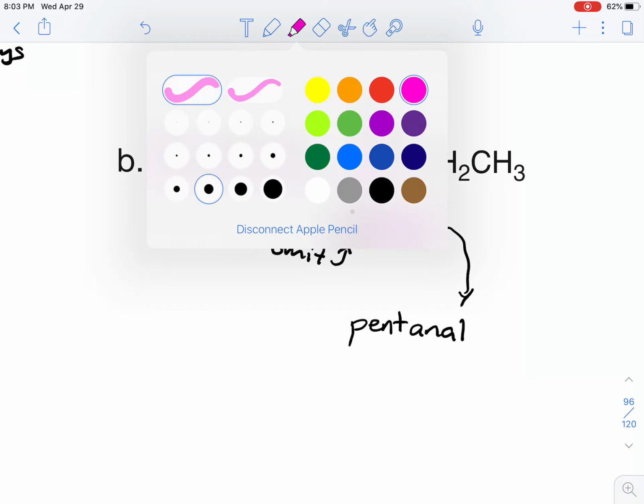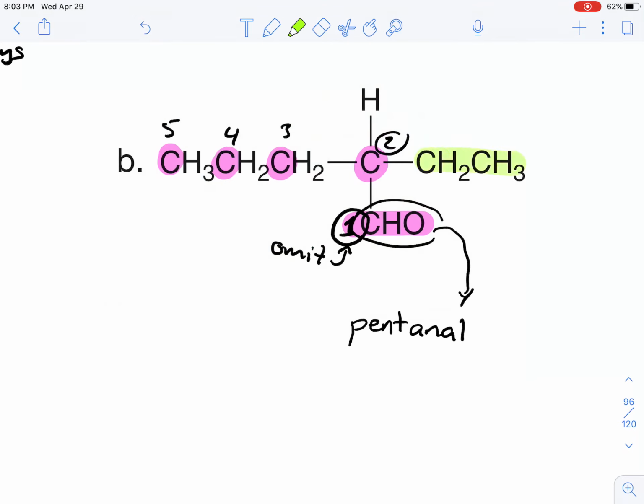Now the last thing I'm going to do is to name my substituent and describe what carbon number it's covalently bonded to. So since this is a 2 carbon substituent, I know that this is an ethyl. And this ethyl is going to be on carbon 2.